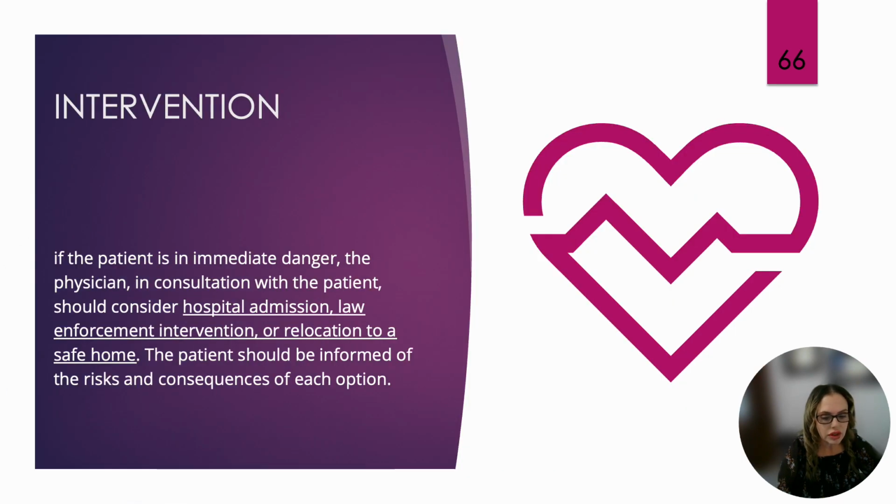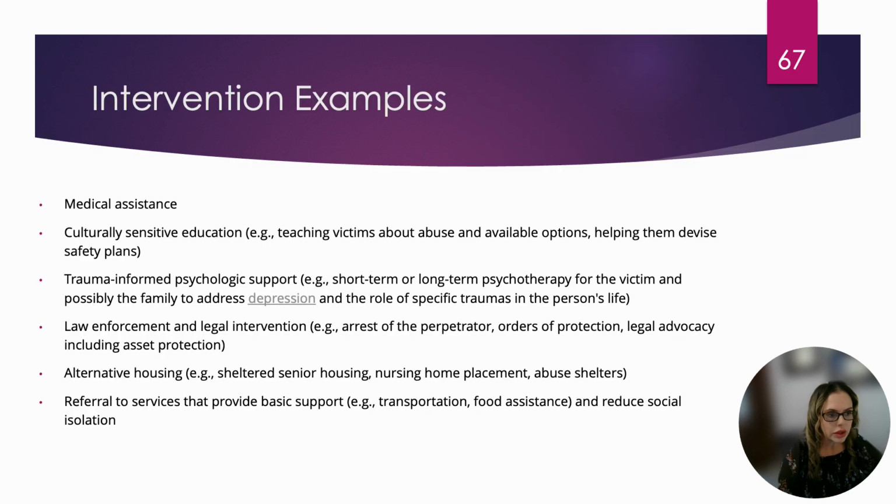Intervention: if the patient is in immediate danger, you may consider a hospital admission. You want to contact law enforcement and consider relocating the patient to either a safe home or temporary nursing home for care. Examples of intervention include providing medical assistance, making sure you provide culturally sensitive education.